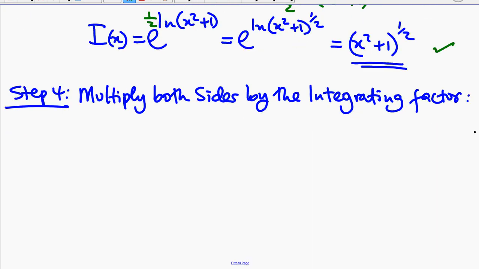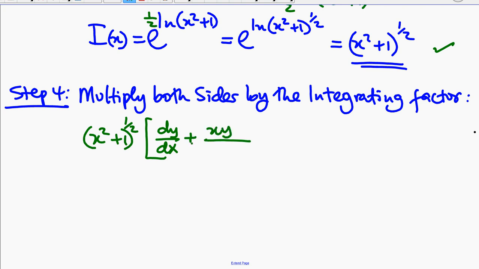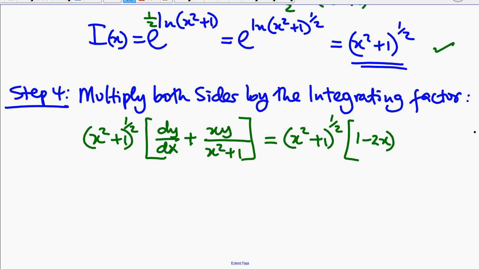So what I'll end up with is x squared plus 1 to power a half multiplied by dy over dx plus xy over x squared plus 1 is equal to, just checking that I haven't made any mistakes here, 1 minus 2x multiplied by x squared plus 1 to power negative a half.